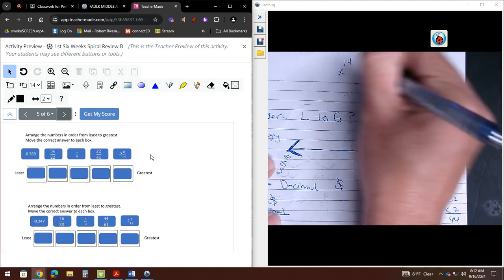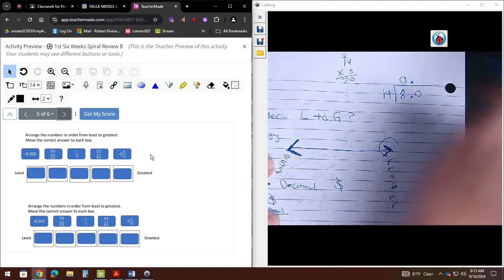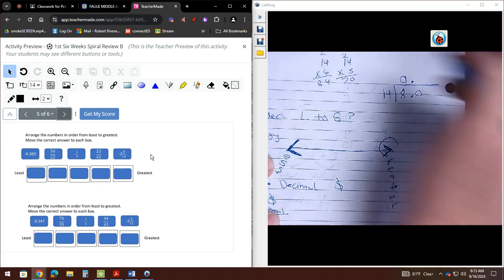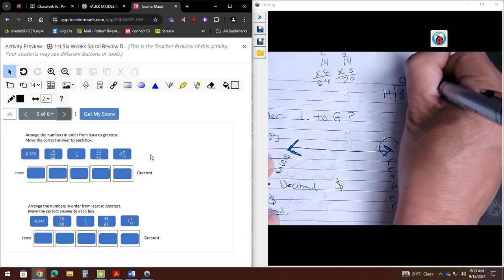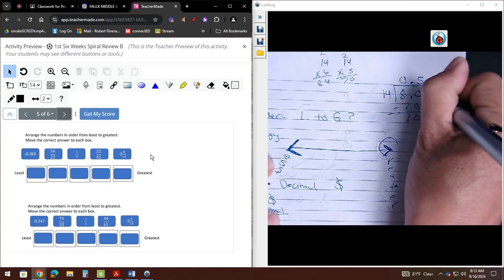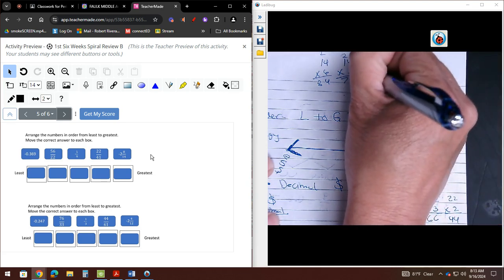Start guessing. I'll try 5. That's pretty close. Let me try 6. That went over. So it's going to be 5. 100 now. So let me try 7.